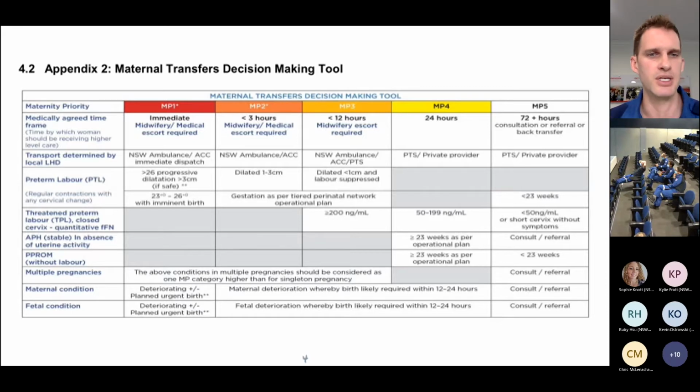Down the bottom, there's a couple of things that say, for example, multiple pregnancies, where if the patient is carrying multiple fetuses, then that would push them up a category in all cases.